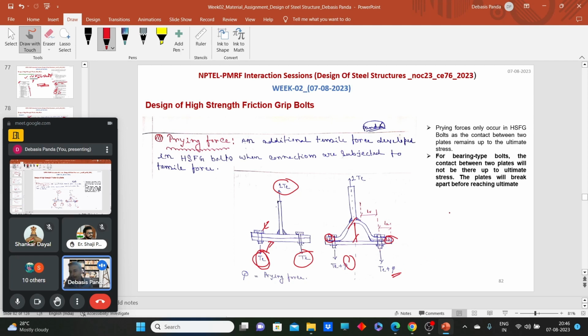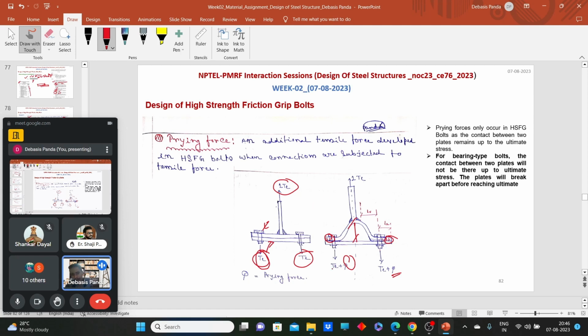Prying force generally comes when we design using high strength frictional grip bolts, because they are tightened such that they will not tear apart until they reach the service or ultimate load.